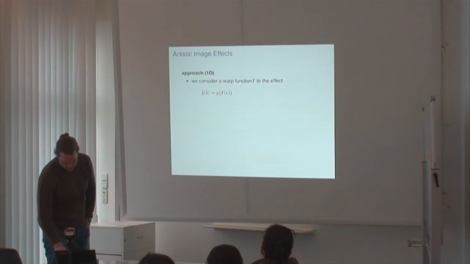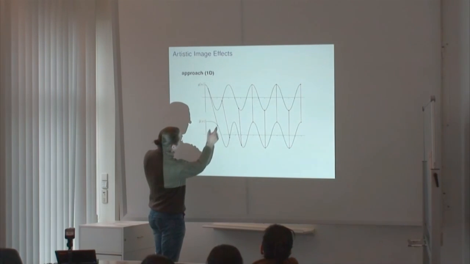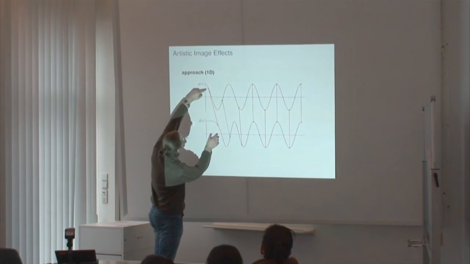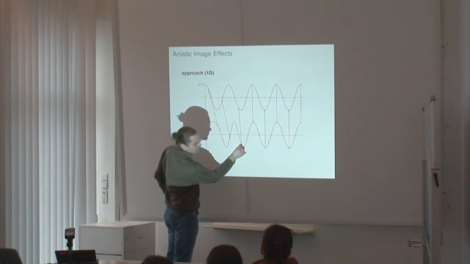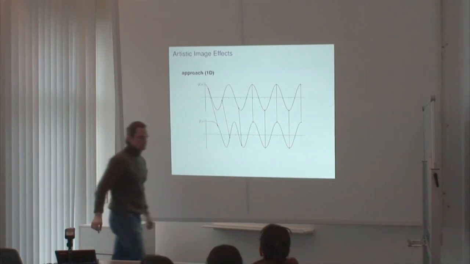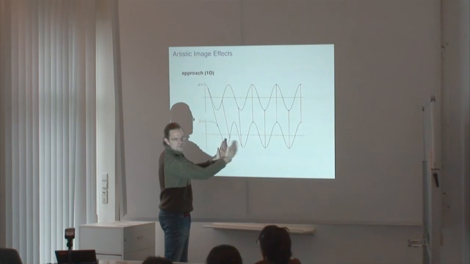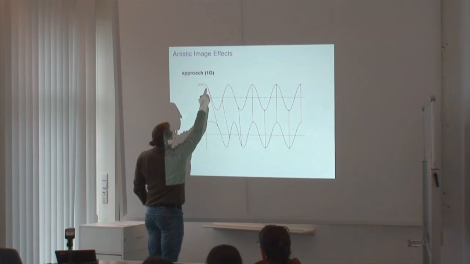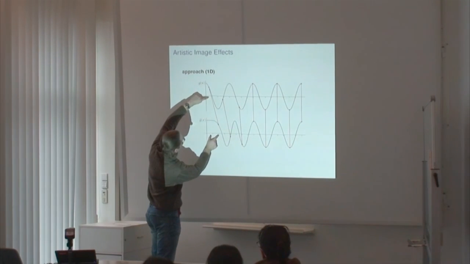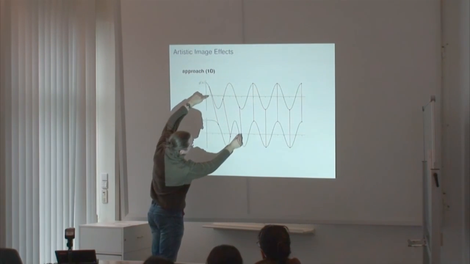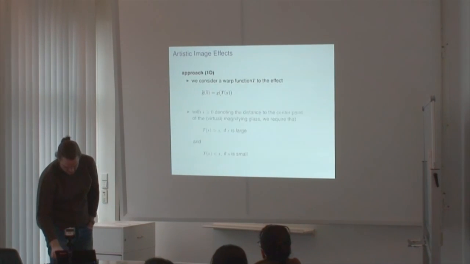Let me go back to this one. So basically you have to think of it like the difference between this point and this one is rather large, but the difference between this point and this one is rather small. Right? And this is what leads to the squeezing here. While the difference between this coordinate here and this one here is rather large, the difference here is rather small.